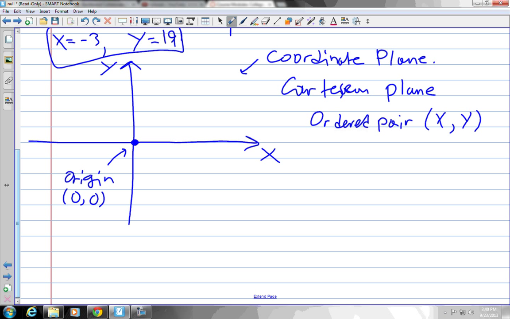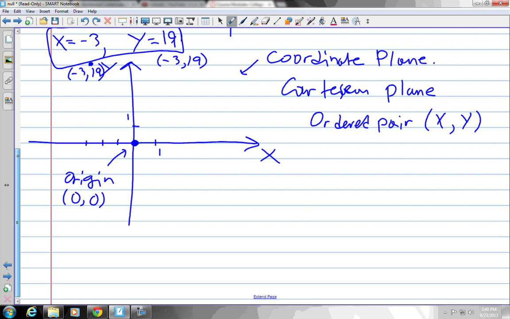So, like here, when I have -3 for x and +19 for y, this is the ordered pair. Now it's located over here. This is +1, this is +1. So this is -1, -2, -3 on the x, and 19 on the y. So -3, 19. That's where that point is.